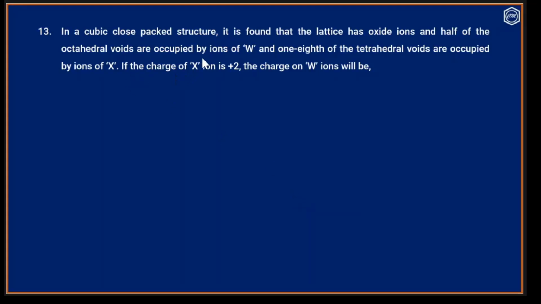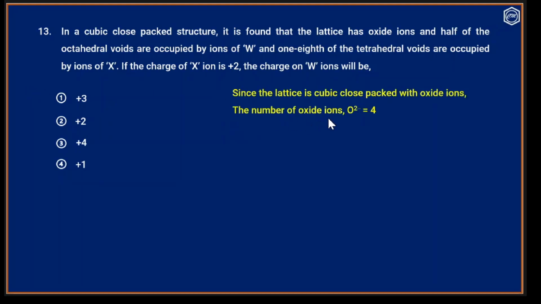In a cubic close packed structure, it is found that the lattice has oxide ions, and half of the octahedral voids are occupied by ions of W and 1/8 of the tetrahedral voids are occupied by ions of X. If the charge of X ion is plus 2, the charge on the W ions will be: option 1 plus 3, option 2 plus 2, option 3 plus 4, option 4 plus 1. The number of oxide ions is 4.